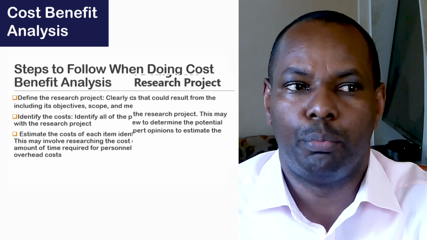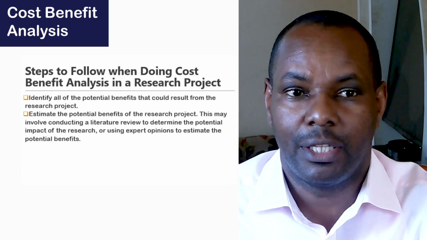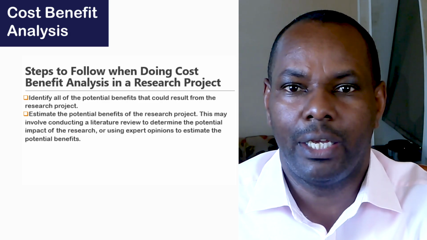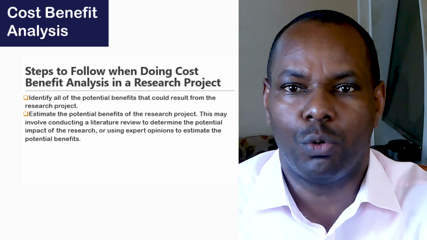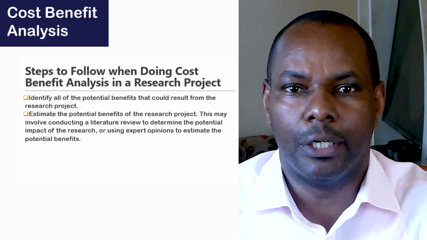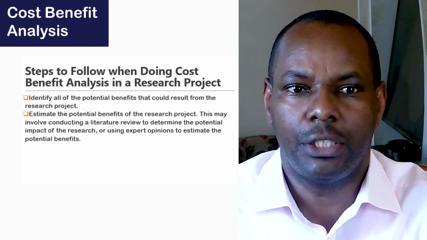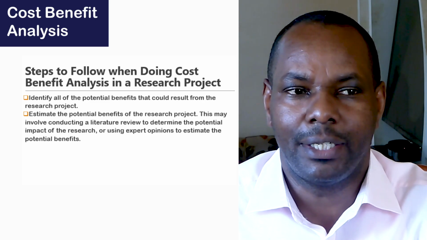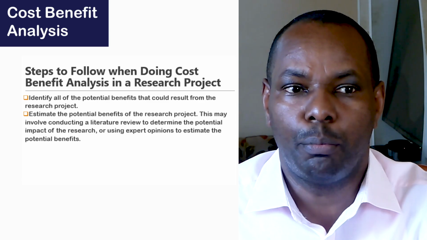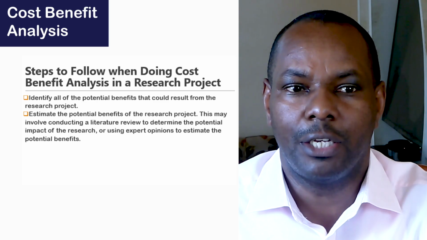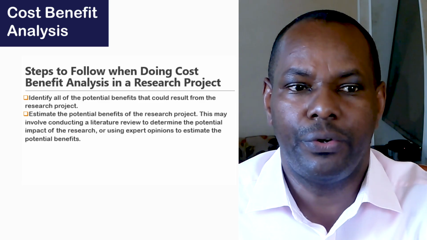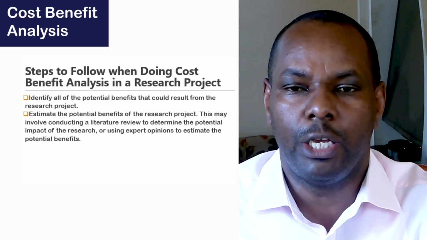The next step would be to identify all the potential benefits that could result from the research program. You need to get the monetary and also the social. You need to try and quantify in monetary value the benefit that the research would bring to the community or to the organization that is undertaking the project. Then you need to estimate the potential benefits of the research project, and this may involve conducting a literature review to determine the potential impact of the research.